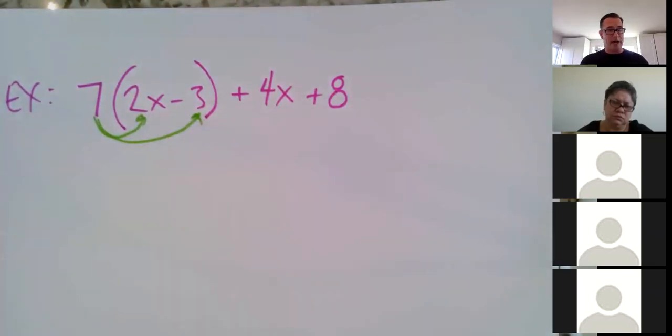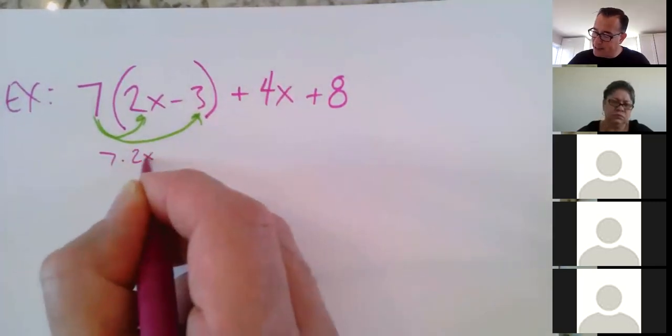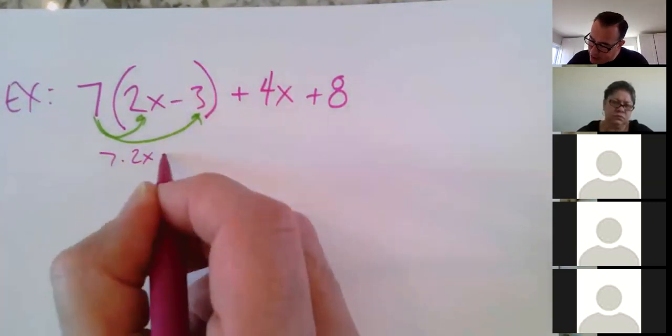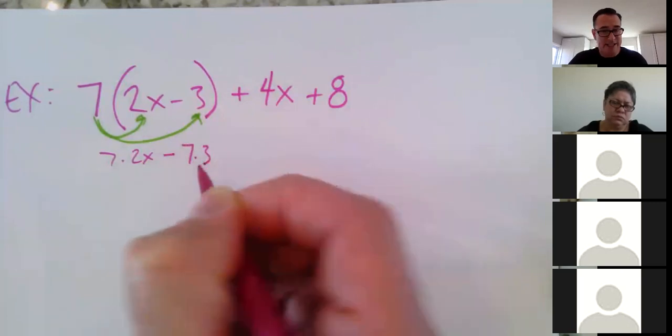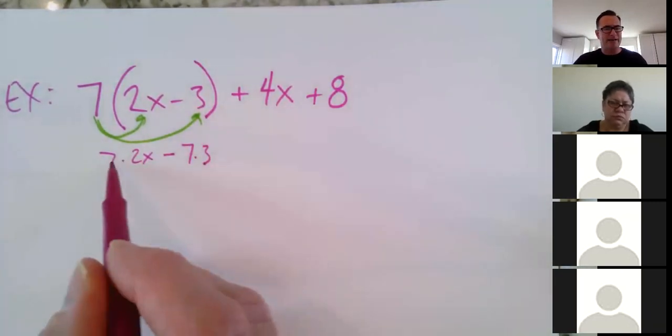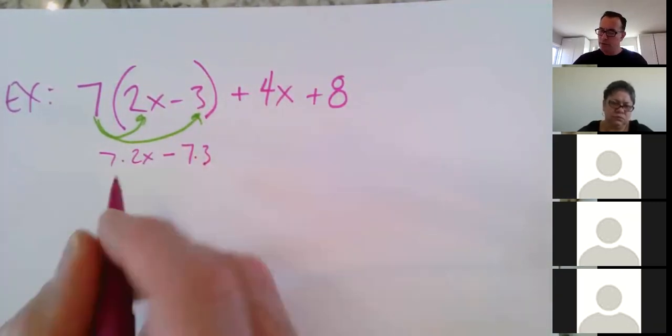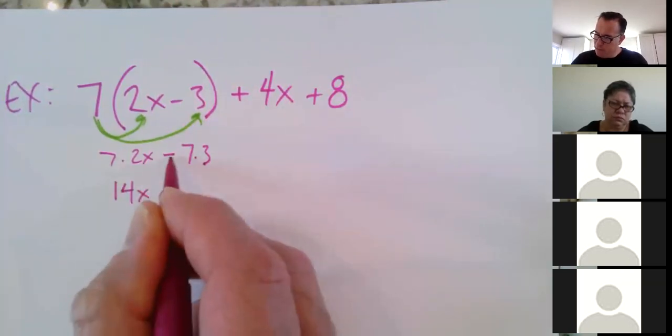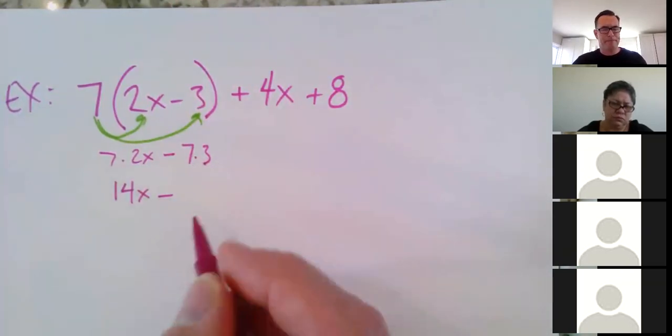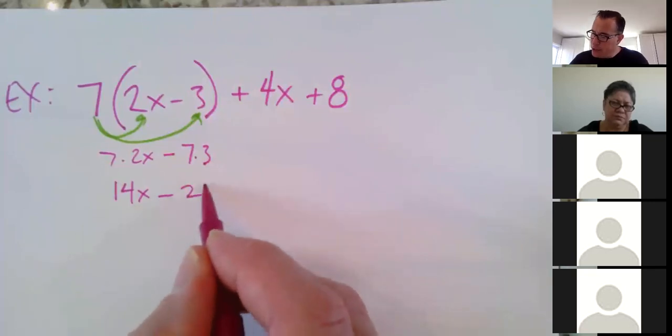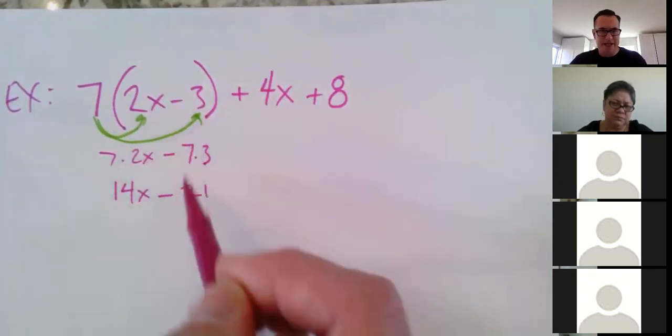Okay, so let's do that. If we do this here, 7 times 2x, I'm going to put this minus here, 7 times 3, so that stays. What is 7 times 2x? 14. 14x minus, what is 7 times 3? 21. Okay, so we've taken care of these.